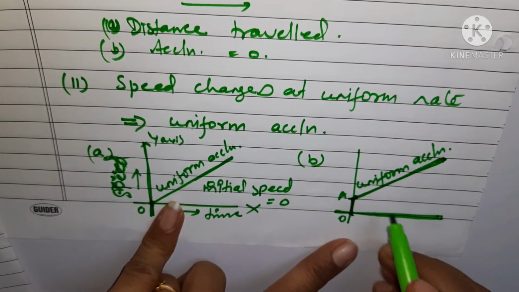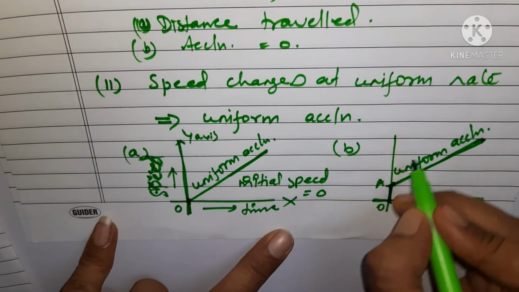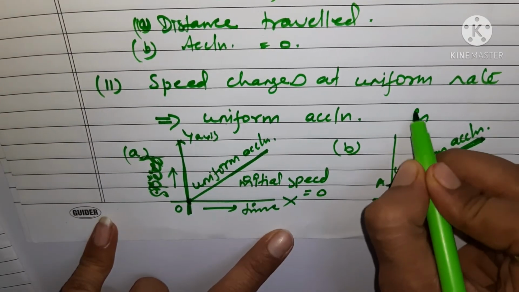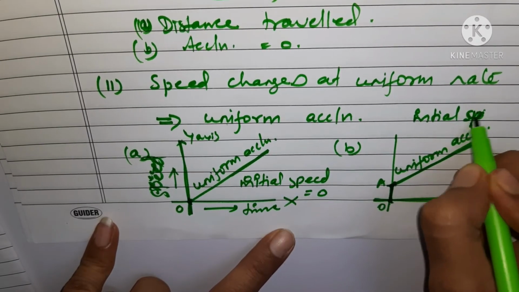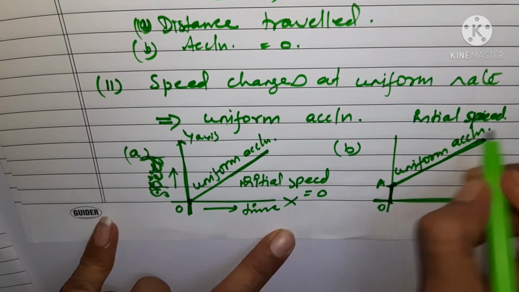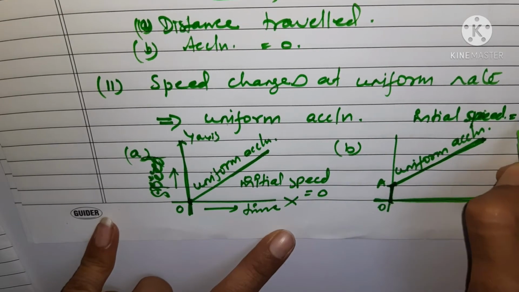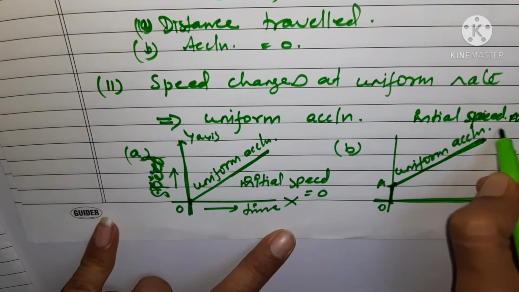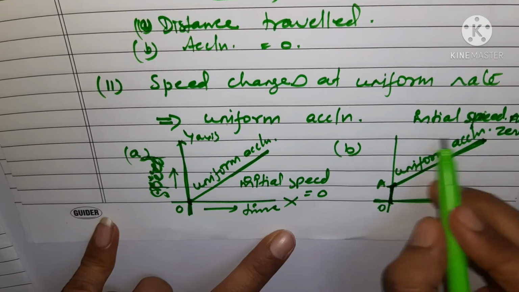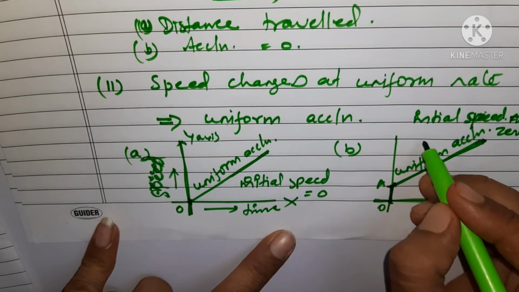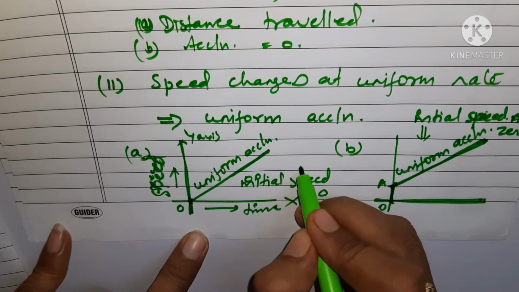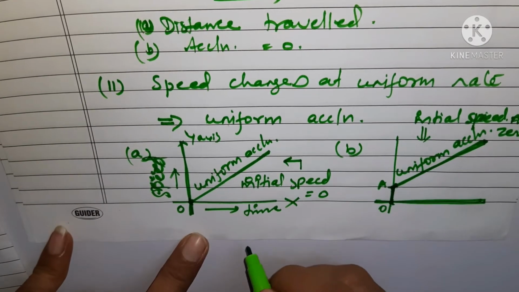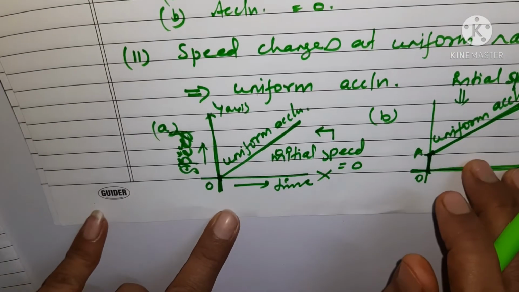When the initial velocity is not 0, I'll write speed here, since I'm talking about speed: initial speed is not 0. When initial speed is not 0, this graph is for this, and when initial speed is 0, this graph is for this one. So we have two types of graphs in this case.